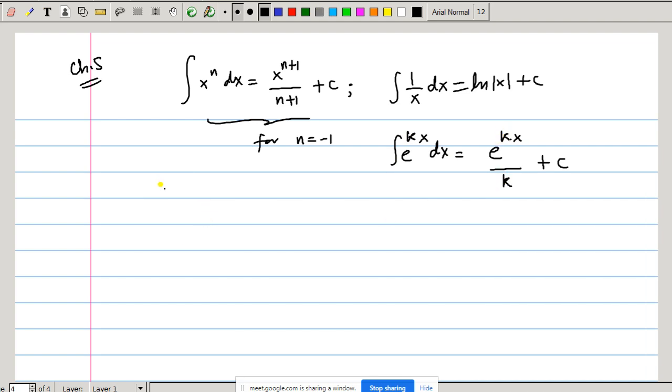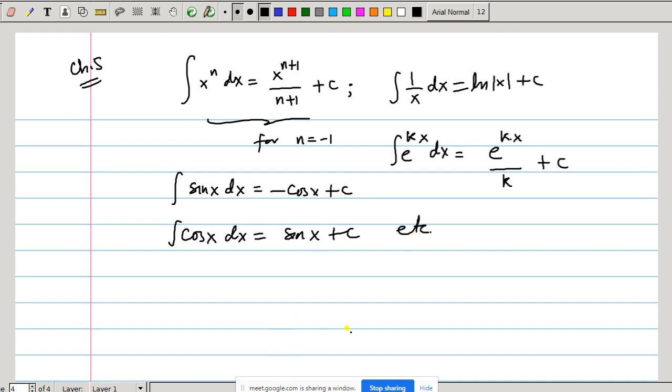So now, what else? We have sine, cosine functions. Sine integrates to minus cosine, cosine to sine, and every time we add a c. So these type of formulas we have, sine x plus c, etc.